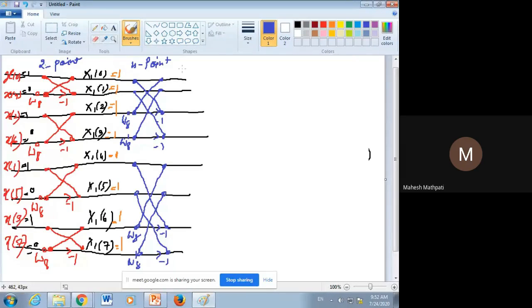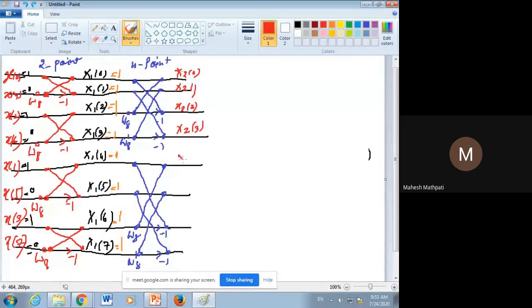Now let us calculate the values here. That is, let us calculate with the same procedure the values like x2 of 0, x2 of 1, x2 of 2, x2 of 3, x2 of, sorry, capital, you just write, x2 of 4.